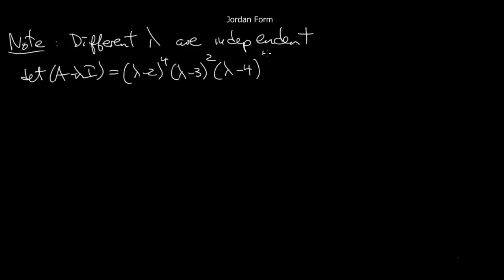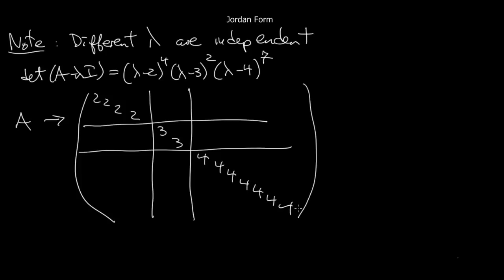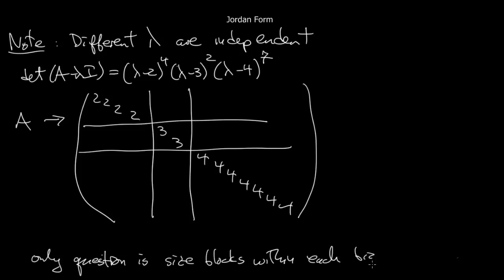For example, if you had a matrix which looked like this, then you would know that the first thing you would do is you divide your matrix up into a big bunch of blocks of size 4, 2, and 7. And you know that it's going to be of this form. And then the only question is within each of these blocks, how the ones on the superdiagonal are distributed. In other words, the size of the Jordan blocks within each bigger block.